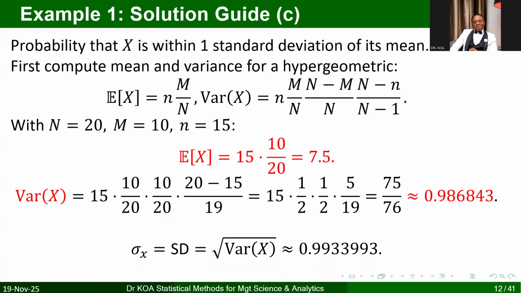What is the probability that the number of granite specimens selected for the analysis is within 1 standard deviation of the mean? Now, when you say something is within 1 standard deviation of the mean, how do you find it?